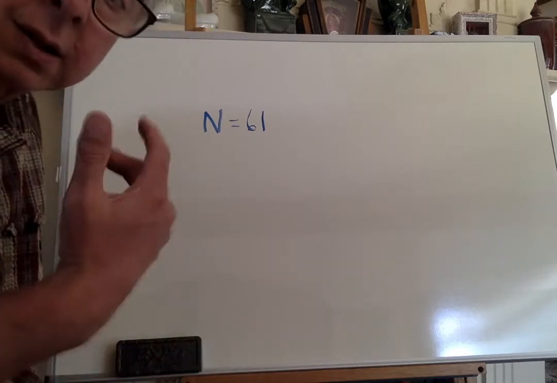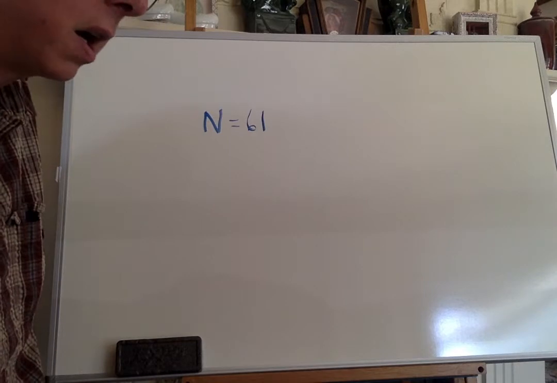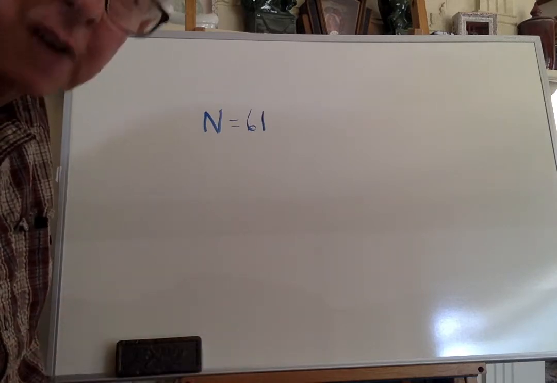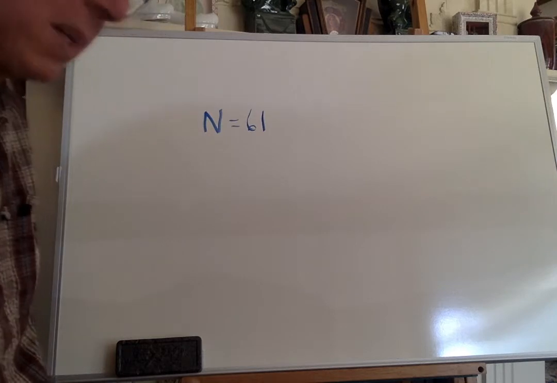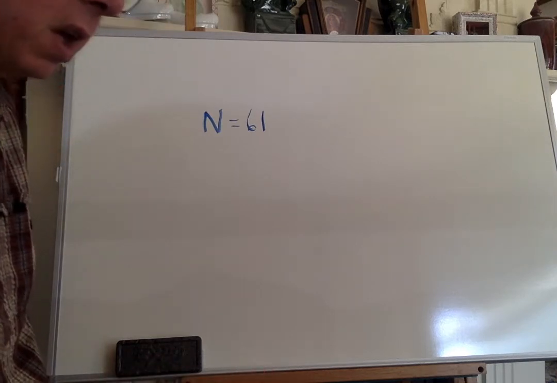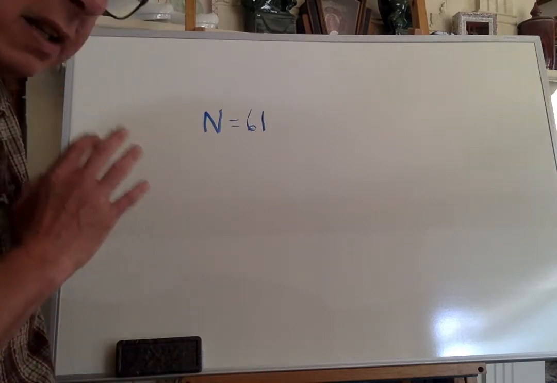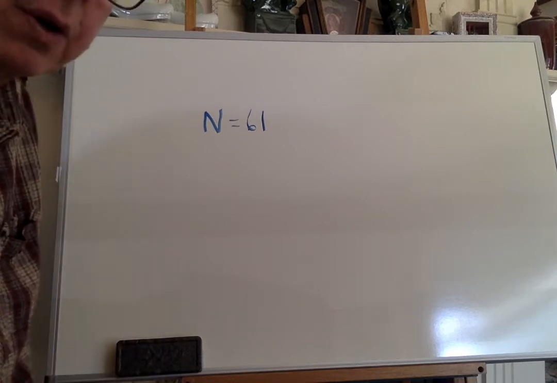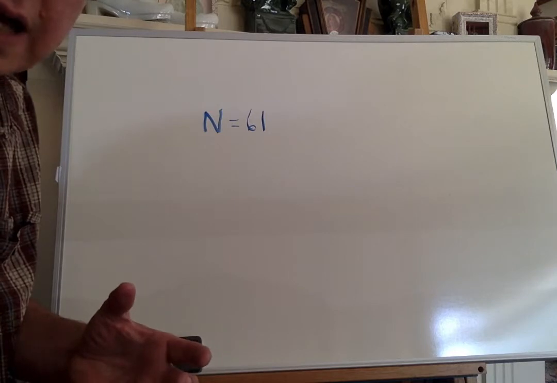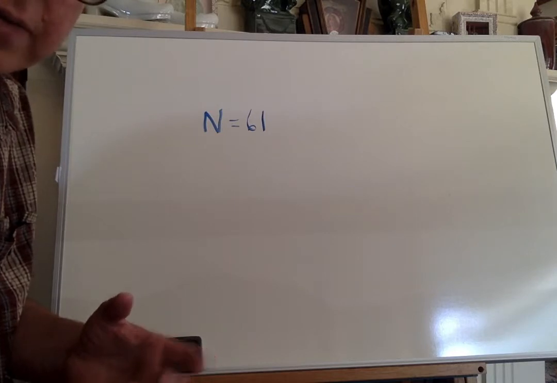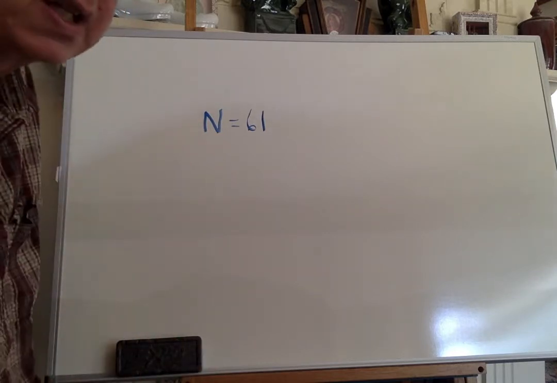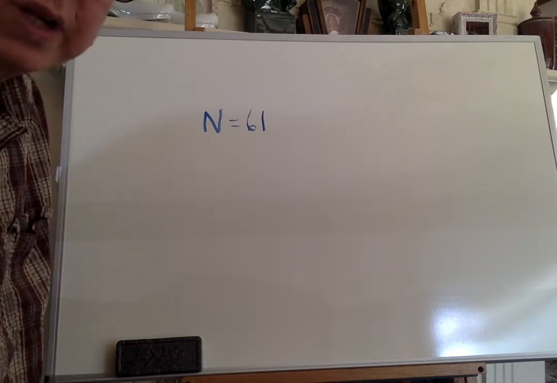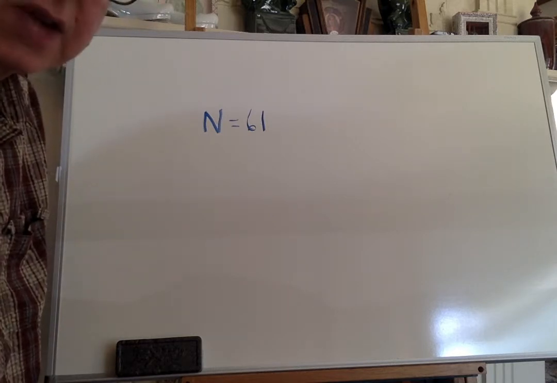Wow, that's a lot of numbers. I might think a little bit differently about the data set if this was only N equal 5. That means pretty small. So looking at the number is actually the beginning of our description of what's going on in this data set. N equals 61, 61 people. Now, what else might we use to describe this data set?